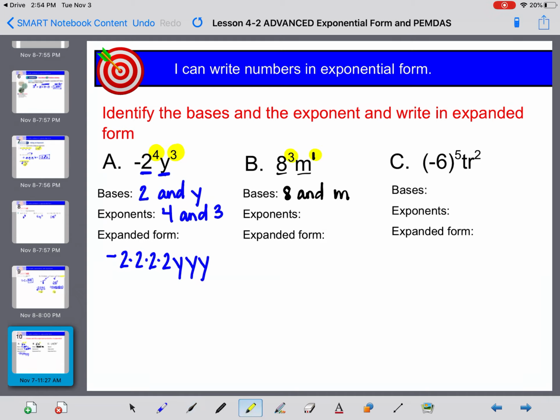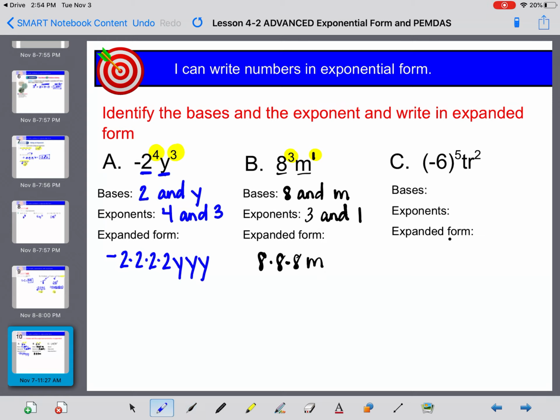So go ahead and write that 1 in to help yourself out. So 3 and 1 are my exponents. In expanded form, I would write 8 to the third as 8 times 8 times 8 times m to the first.